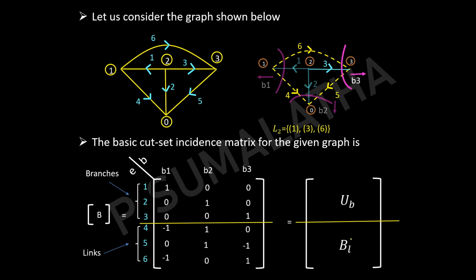Sometimes we need to take only the Bl matrix. At that time you pick only the matrix corresponding to elements 4, 5, 6, not the complete matrix. I hope it is clear. Thank you.